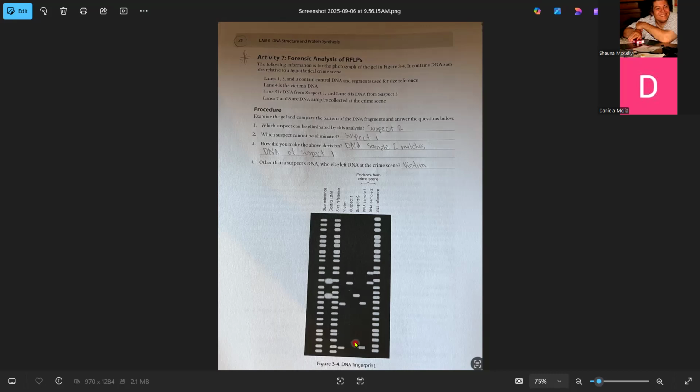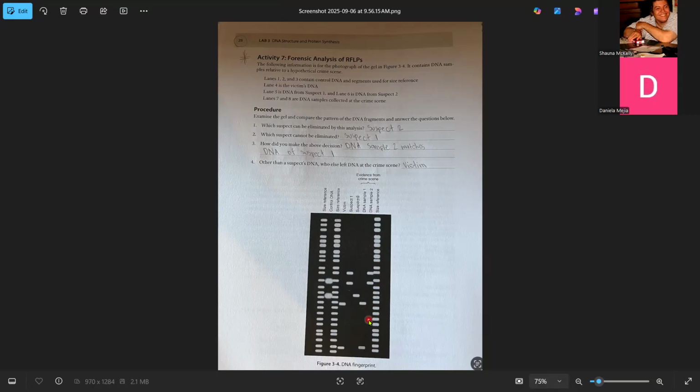Okay. Lines 7 and 8 are DNA samples collected at the crime scene. So here and here. And then this is your size reference again.